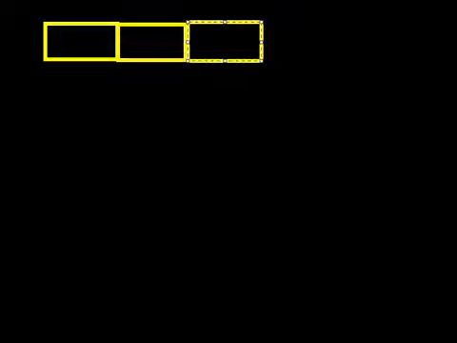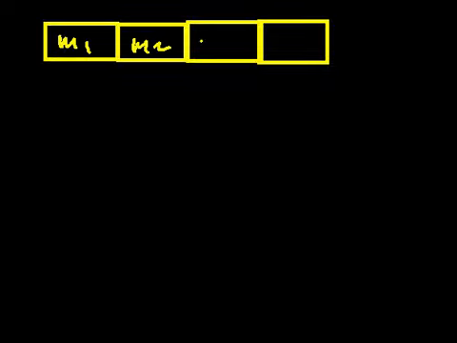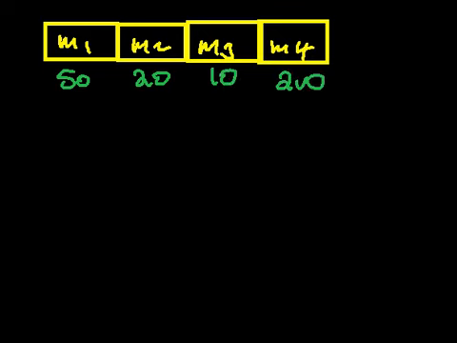So what if we have this kind of system? Let's say we have these bodies. Assuming this is mass 1, this is mass 2, this is mass 3, and this is mass 4. Let's say mass 1 is 50 kg, this is 20, this is 10, and this is 200 kg.